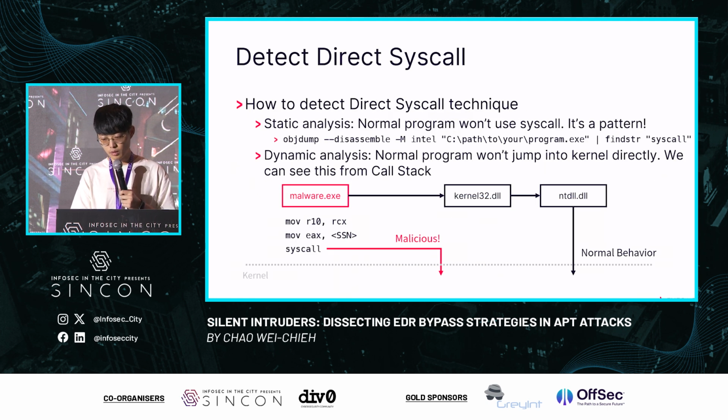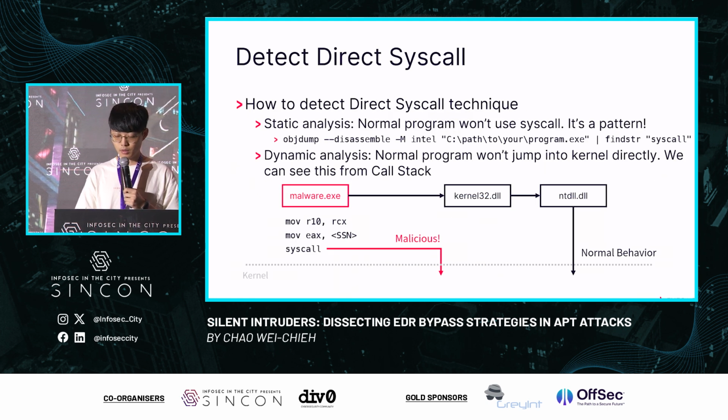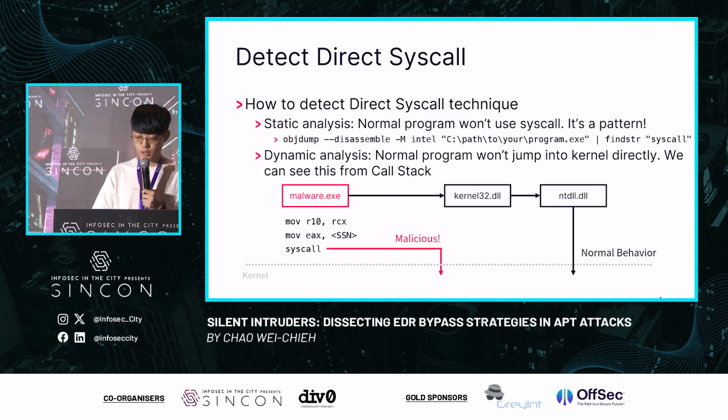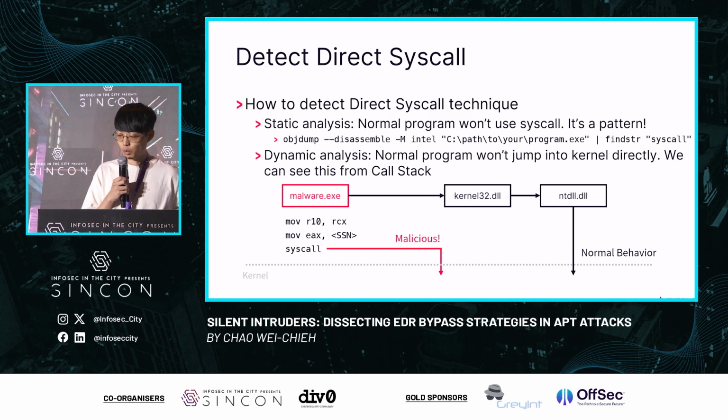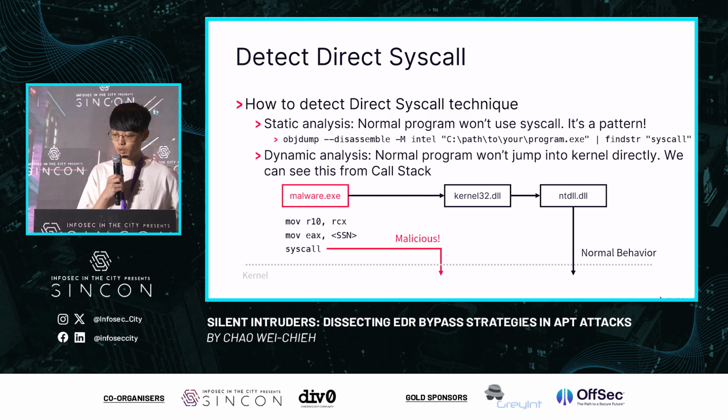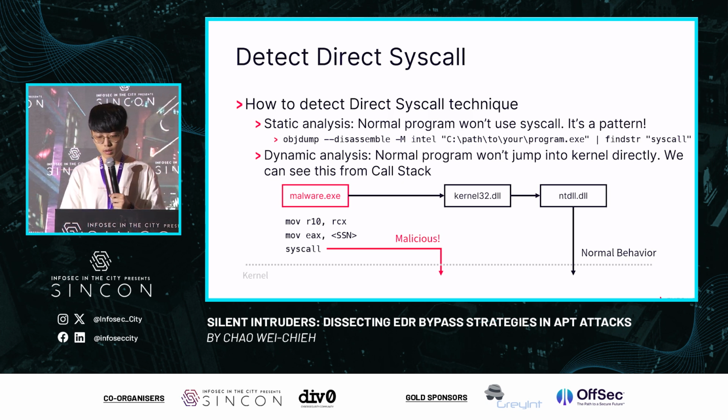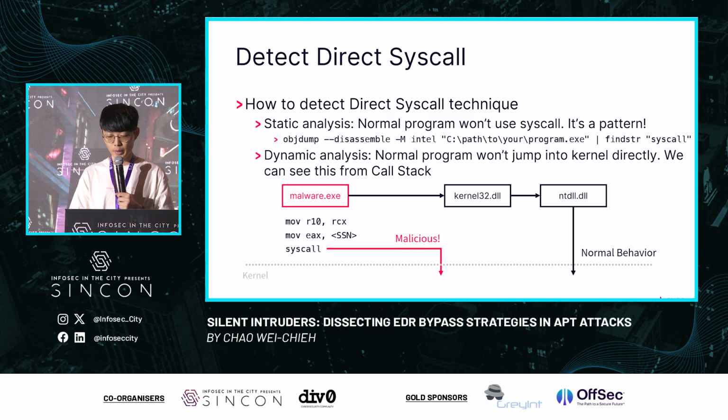So from the blue team side, how can we detect the direct syscall? There are two kinds of methods. For static analysis, because a normal program won't use the syscall directly inside its program, it is a simple pattern.